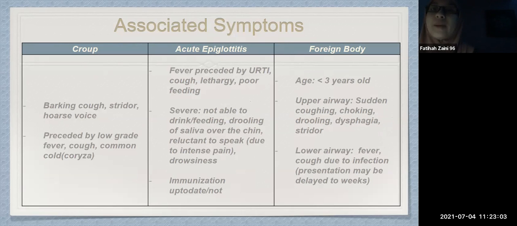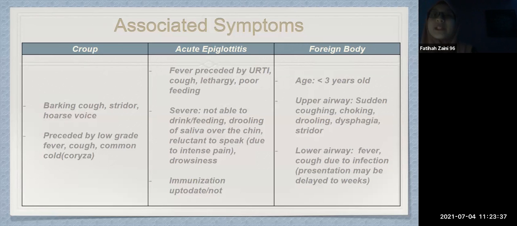Barking cough like batuk macam bunyi anjing, and then preceded by low-grade fever, cough, common cold. All right, in terms of acute epiglottitis, we know that the onset is usually very acute. So the symptoms that we could ask about are fever preceded by upper respiratory tract infection, cough, lethargy, poor feeding, and in severe forms of acute epiglottitis, patients are unable to drink and have poor feeding, drooling of saliva over the chin, reluctance to speak due to the intense pain at the epiglottitis, and then drowsiness.